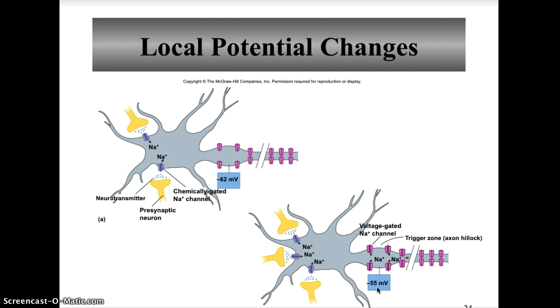And once you reach that threshold potential, the resting membrane potential of a neuron becomes depolarized, and it starts to open up those gated channels. So here you can see sodium ions now coming in, in picture B, you can see sodium ions now entering along the axon as that voltage starts to go down the axon of the neuron there.